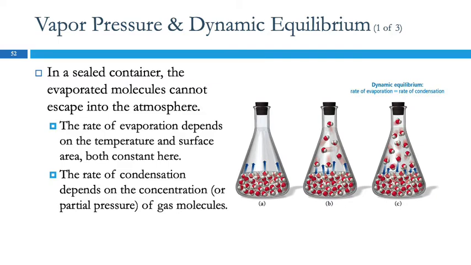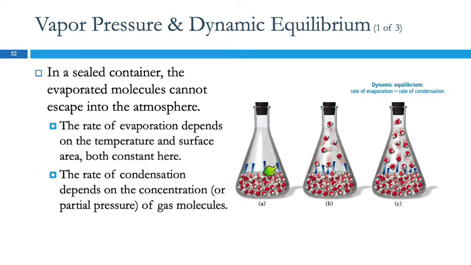If it's hotter, it evaporates faster, and on the surface area. More surface area evaporates faster. When you're using those blow dryers to dry your hands in the restroom, why do you rub your hands together? To spread the water out and make sure you've got the maximum surface area, because it'll evaporate faster.